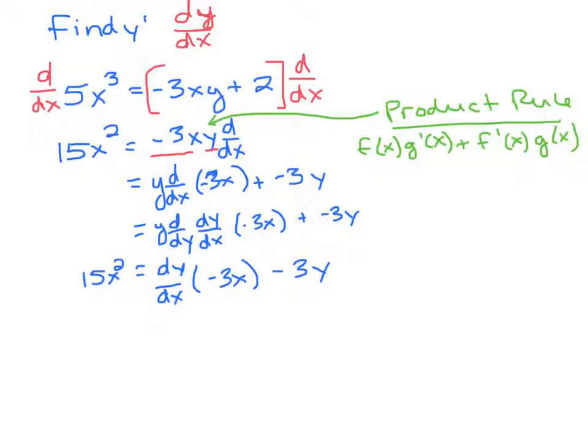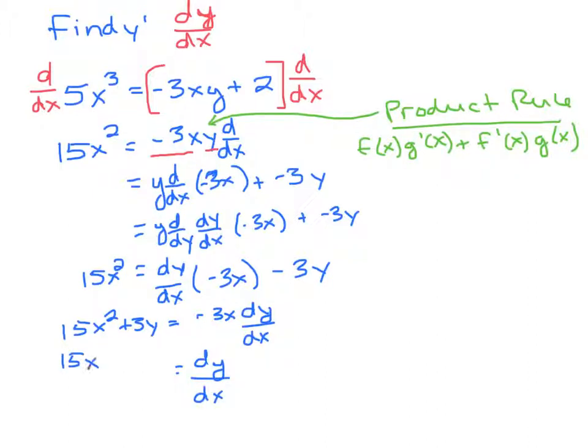So I'm going to add that 3y to both sides. We have 15x squared. And then last but not least, divide both sides by negative 3x. Now dy dx is all by itself. We found y prime.